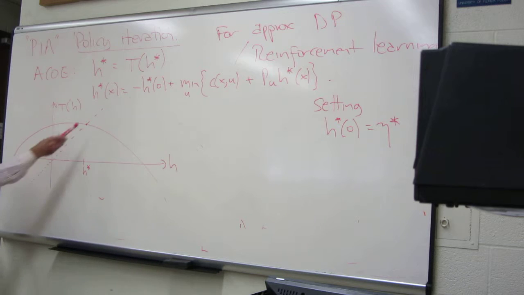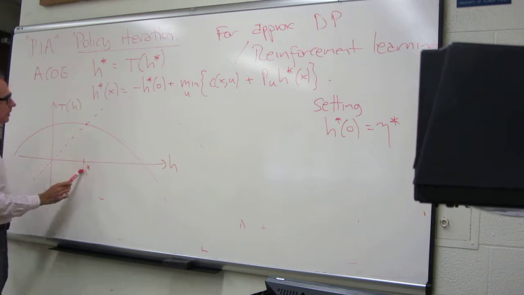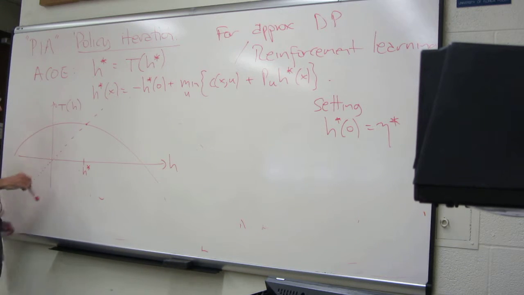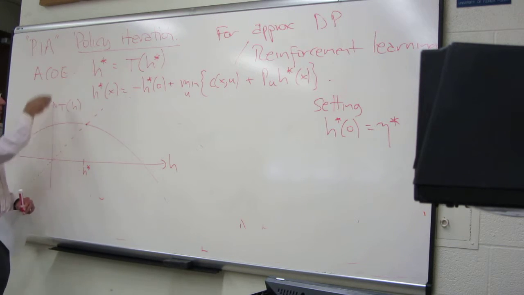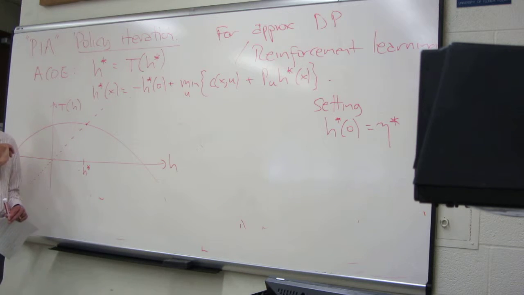We're looking for a solution of h* equals T of h*, and so I look at the line where T of h equals h, where the y-axis equals the x-axis. Okay. Now I know h is a vector. For a finite state space of size n, h is a vector of size n.